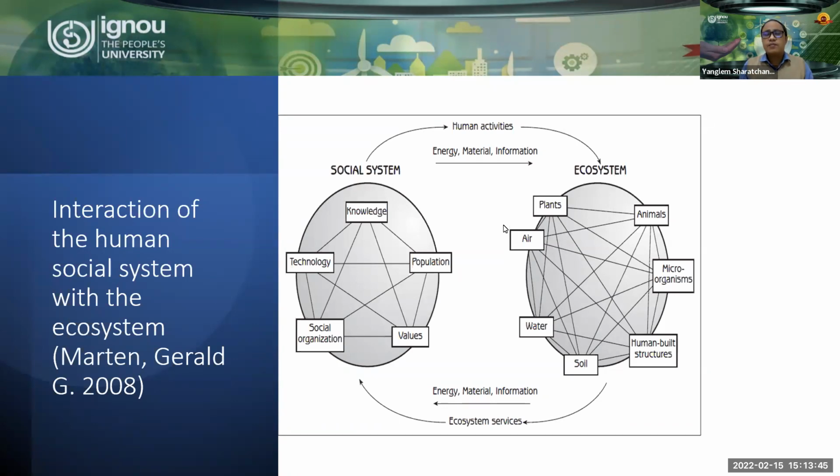So the social system is a central concept that we learn in human ecology, because human activities that have an impact on the ecosystem are strongly influenced by the society in which people, humanity, live. Right?